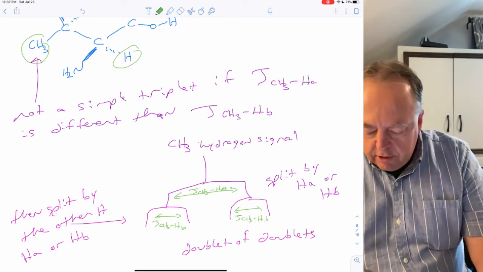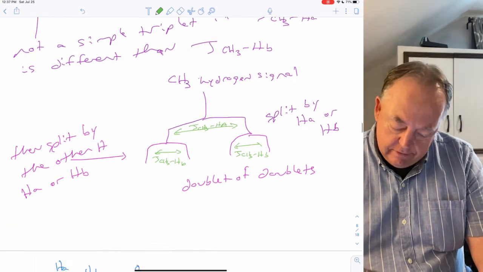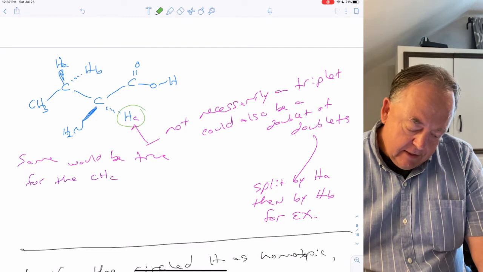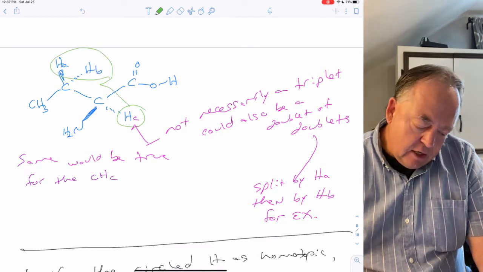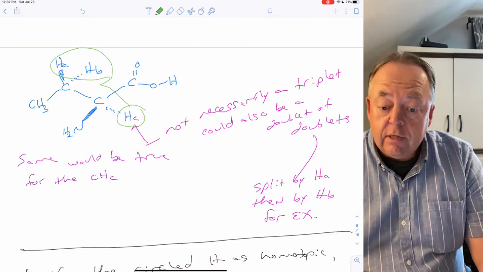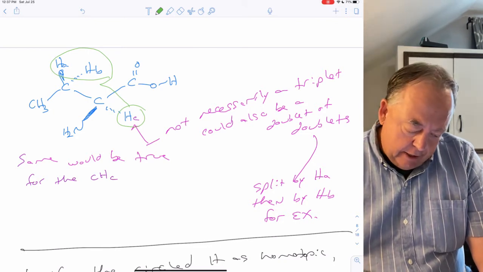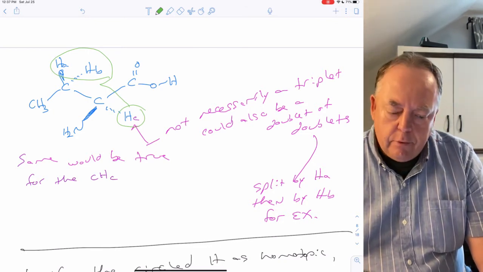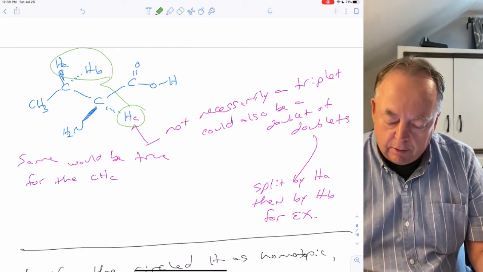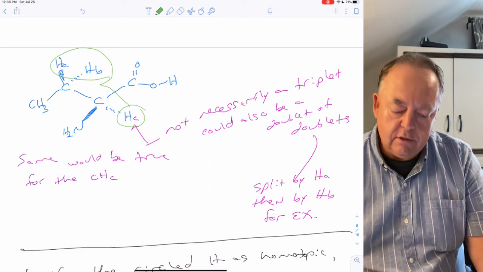So the CH3 then would actually be a doublet of doublets. And then the same would be true for HC. So HC, there's 2 neighbors there, but those 2 neighbors are not equivalent to each other. So HC can split with them separately and differently. So HC would split with HA, for example, into a doublet, and then HB would split each of those peaks into a doublet, so then you would have a doublet of doublets again.